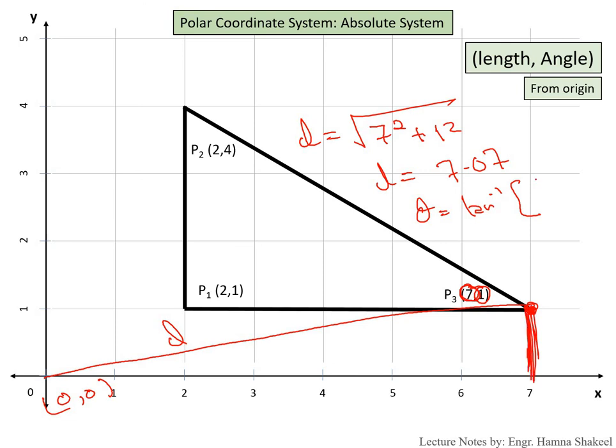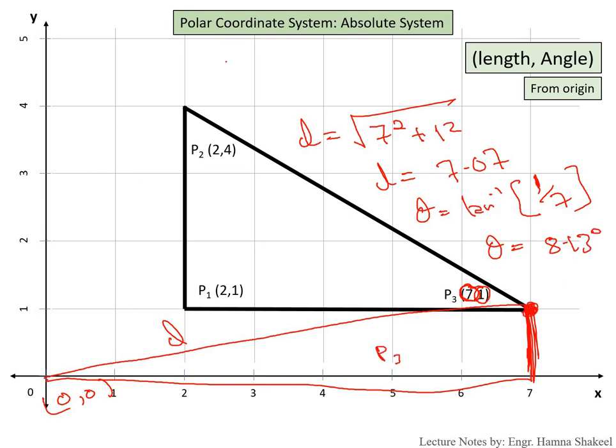In this case, the perpendicular is 1 and the base is 7, so 1 by 7, and this will give you an angle equal to 8.13 degrees. So for point number P3, the absolute polar coordinate is 7.07 and 8.13 degrees.